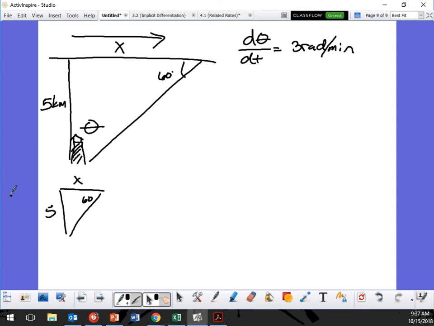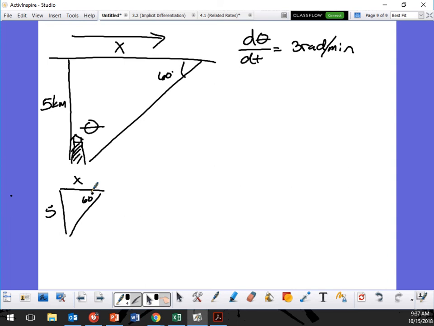If I'm not talking about the rates right now, I know this is how much I have at that current second where they're actually talking about it. I'm looking at a triangle that looks like this, right? So I could solve for x, can't I? I could solve for x here.